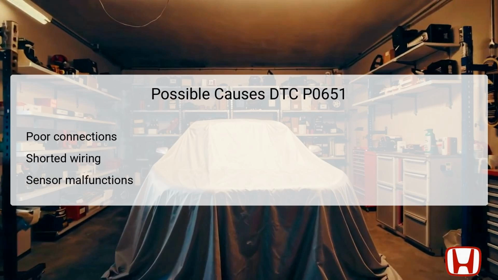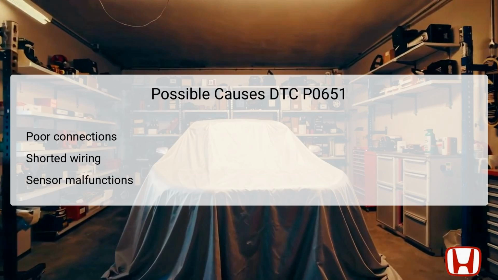The possible causes for the P0651 DTC include several electrical issues rather than any mechanical failures. Poor connections and loose terminals between the TCM and specific sensors may interrupt the flow of data, leading to diagnostic trouble codes.